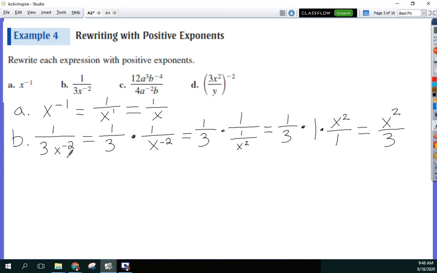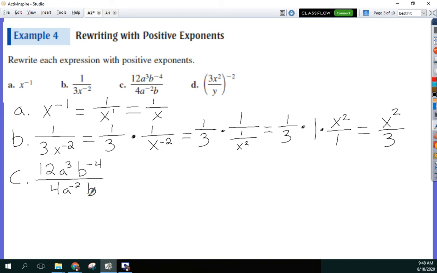If it was going to apply to both of them, it would need parentheses, which is why my 3 stays in the bottom the entire way through my problem. Again, checking, making sure there's nothing else that will simplify, and we now have positive exponents, so that's going to be my final answer.